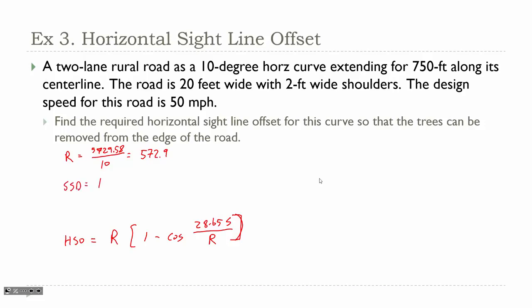So stopping sight distance, 1.47. Our design speed is 50. What should we assume is the reaction time? 2.5 plus 50 squared, 11.2 divided by 32.2. And we don't have any grade information, so we'll assume there's no grade.